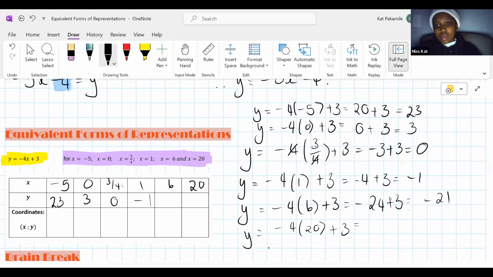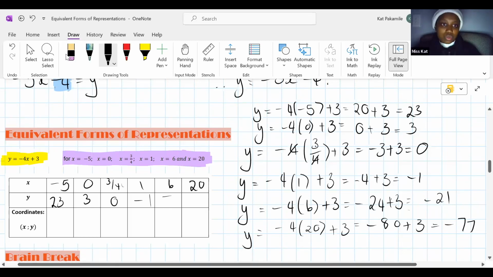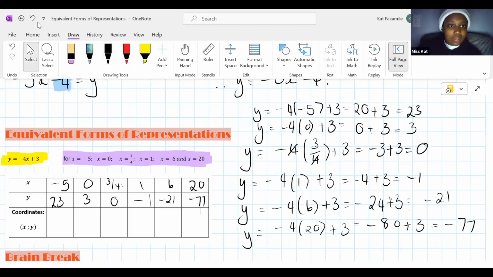Yes, this is going to be -80 plus 3, which is -77. Beautiful, guys. This was -21. Let me fill it in quickly. -77. Now we have our x's and y's.